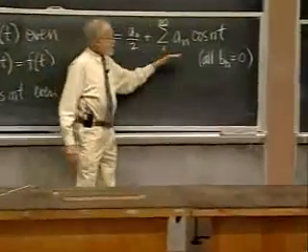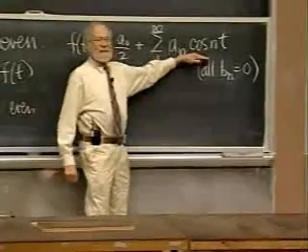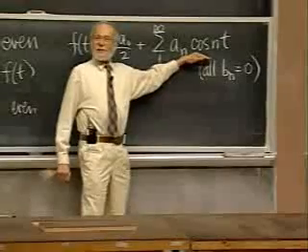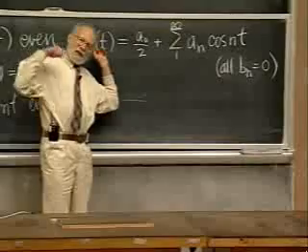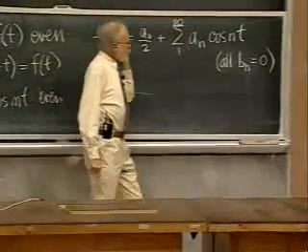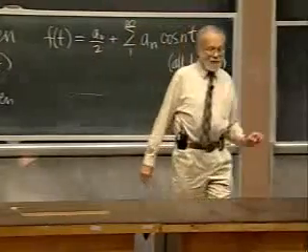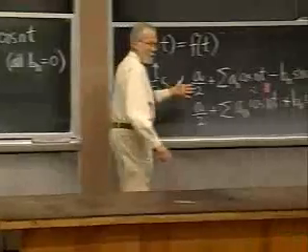The converse is obvious. If the right-hand side is a sum of even functions, well, so is the left. But I'm saying it the other way around. If the left is an even function, why does the right-hand side have to have only even terms in it? And this is the argument which makes that true.